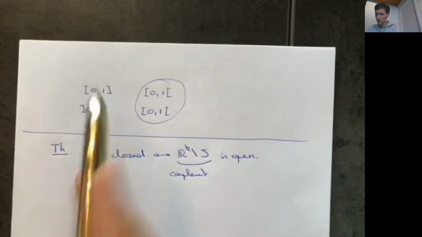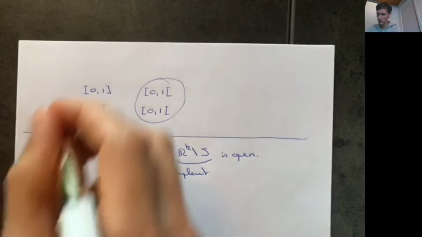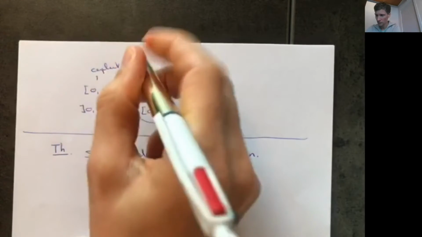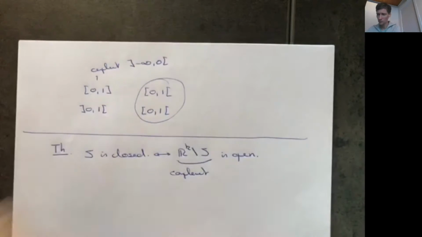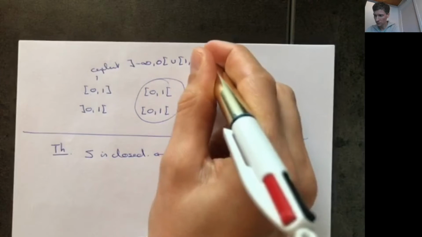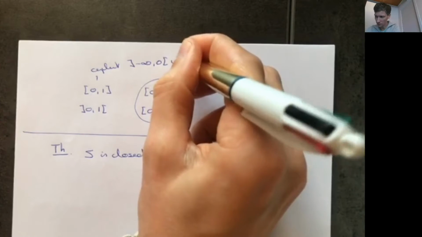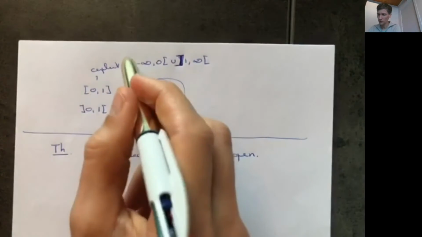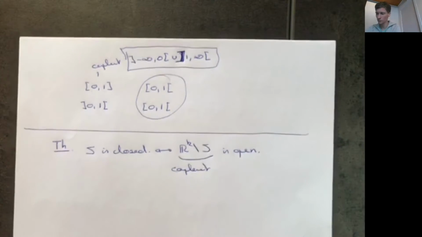So here the complement of this set is all the numbers except everything between 0 and 1. So here the complement is everything between -infinity and 0, and then everything strictly bigger than 1. So this is (1, infinity). Sorry, I cannot include 1. Because this is closed, the theorem says that this union of two sets is open.